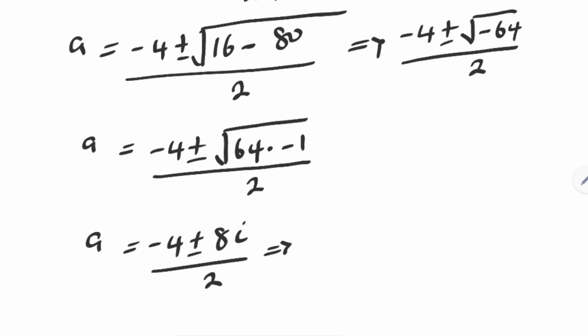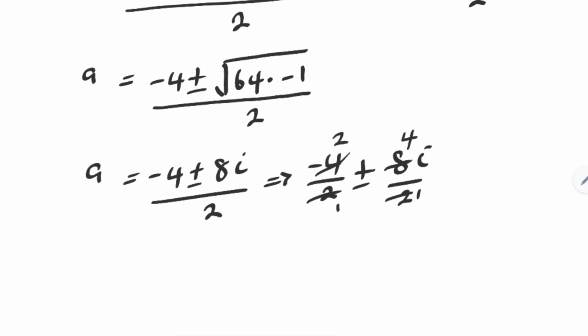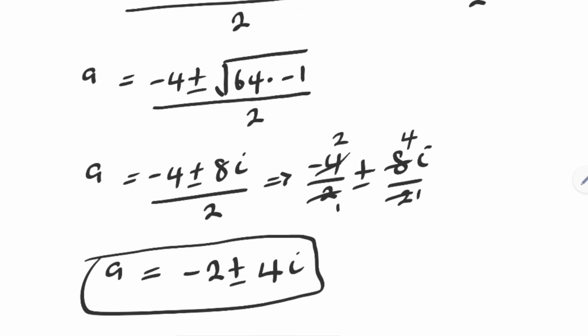And this can be written as minus 4 over 2 plus or minus 8i over 2. 2 here 1, 2 here 2, 2 here 1, 2 here 4. a is equal to minus 2 plus or minus 4i. These are other values of a.